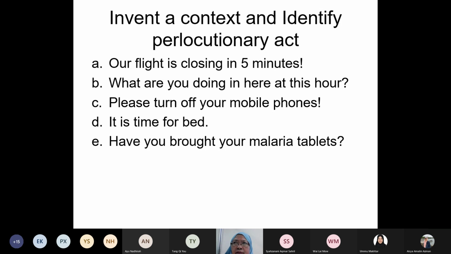If that person is an adult and I don't know the guy, or I know the person, still, the hour is very uncommon. So I would say, what are you doing in here at this hour? Then the person in turn has to explain to me why, the reason. What is the reaction of the addressee listening to me? I would say he would be alarmed that I saw him there, and he has to explain.